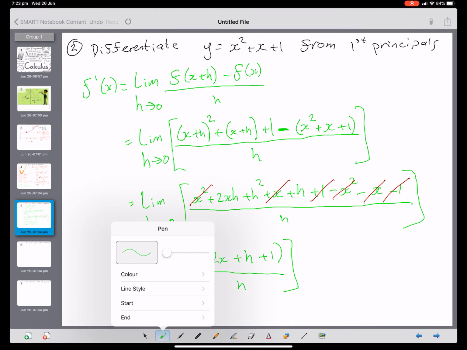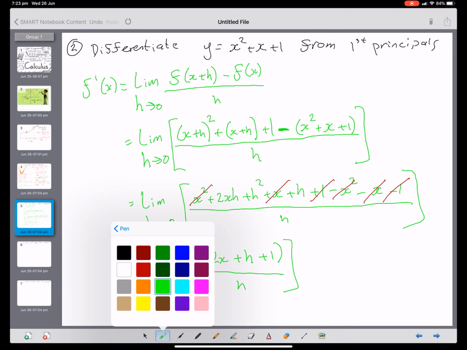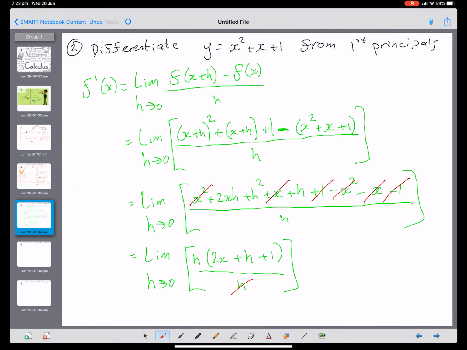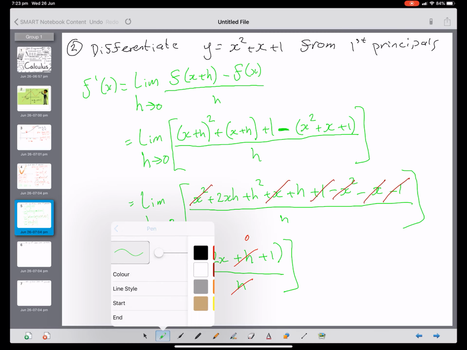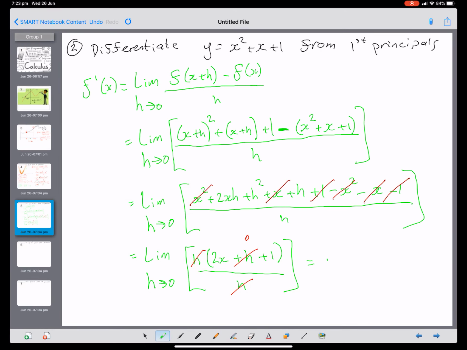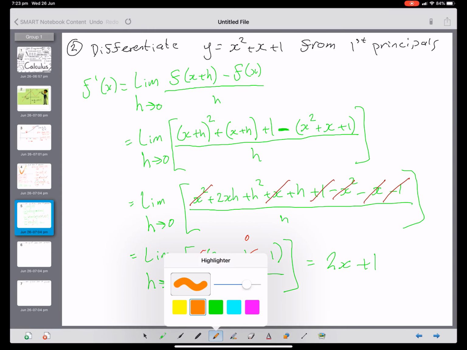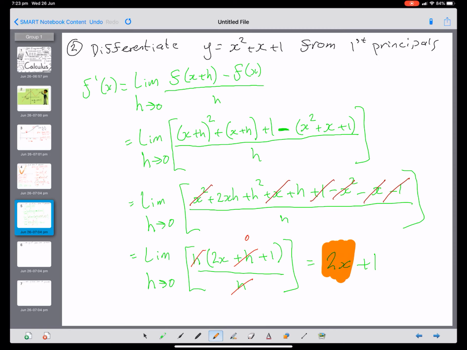So we can cancel an h there, and we're going to limit h to 0, so we're left with 2x plus 1. So just to reiterate, this lovely expression here gives the formula of our gradient at any point on the curve.